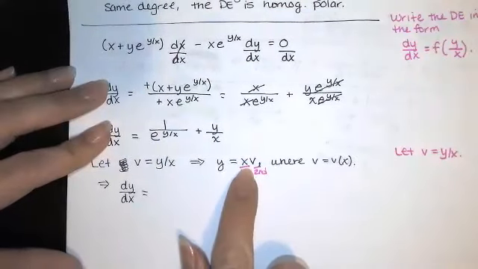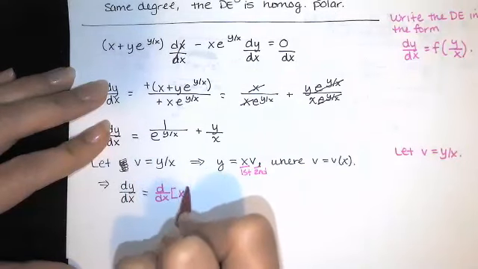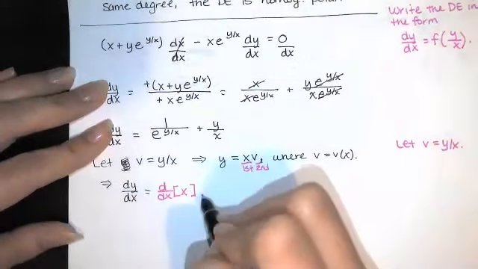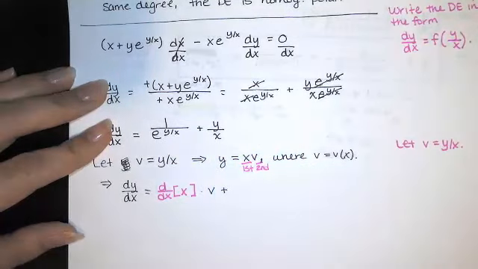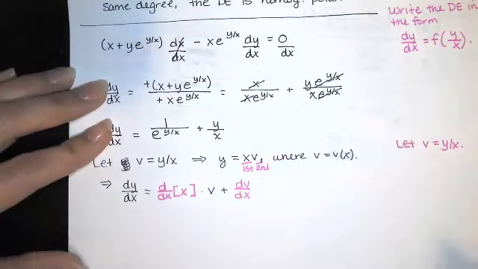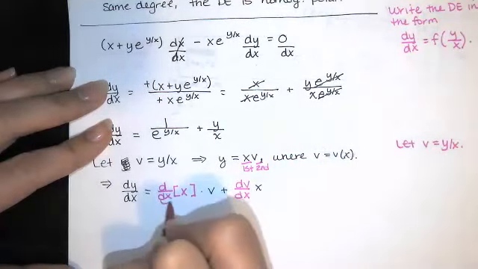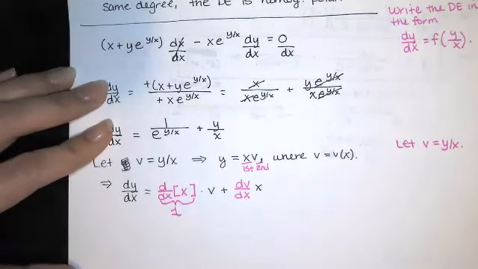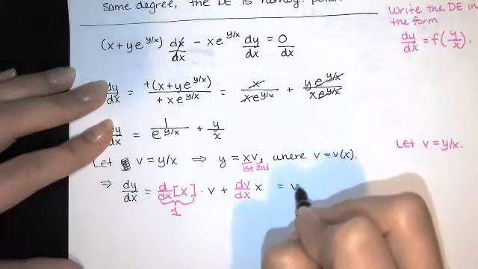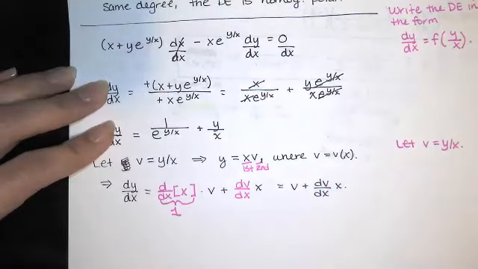So we get derivative of the first with respect to x times the second undifferentiated plus the derivative of the second with respect to x. That's just dv dx times the first. And of course, the derivative of x with respect to itself is 1. So we just end up with v plus dv dx times x by the product rule.